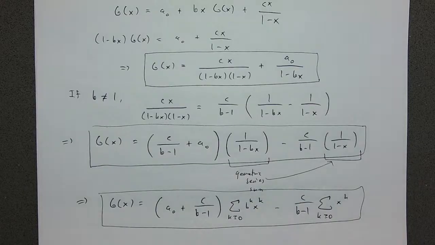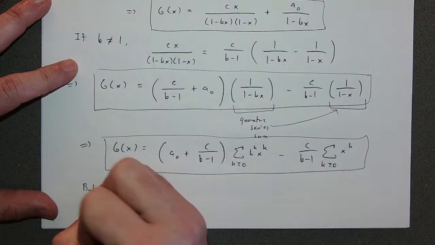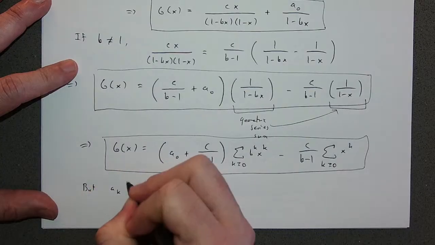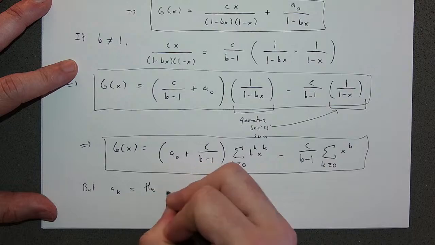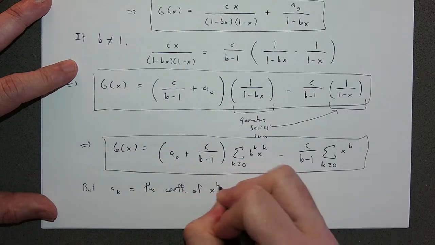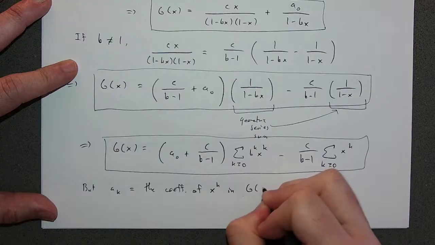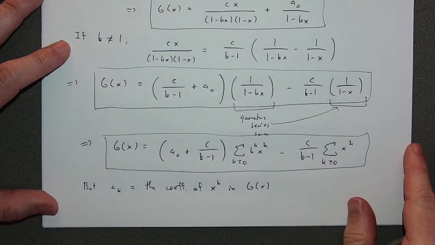But a sub k is the coefficient of x to the k in this generating function.